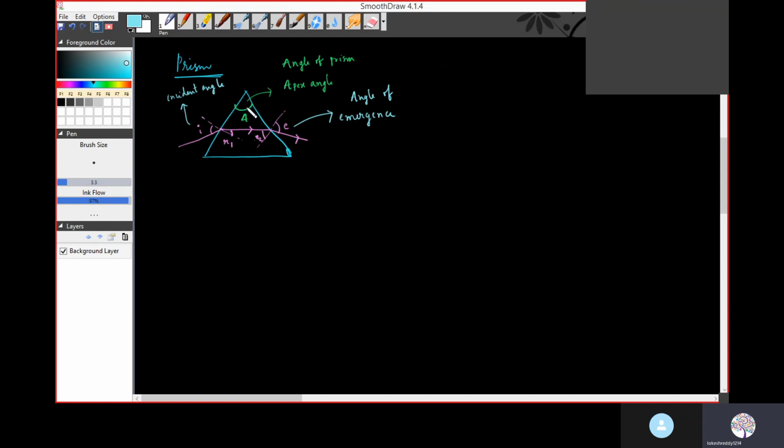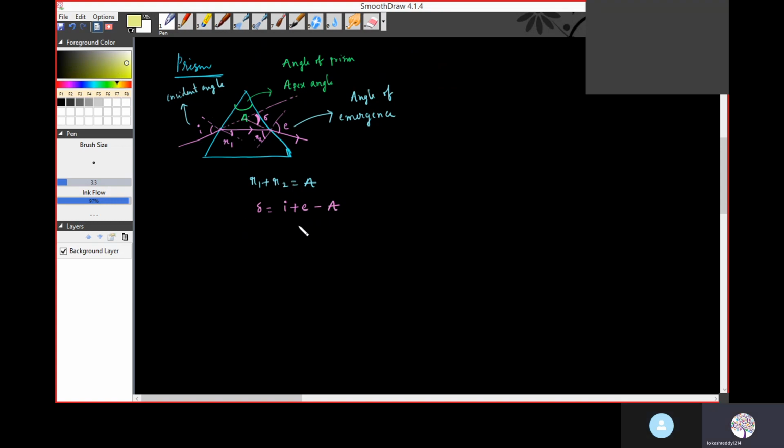Now R1 plus R2 is equal to A. If this prism is not there, the ray would have gone like this, but it is going in this direction, so this is the deviation. That deviation is equal to I plus E minus A.